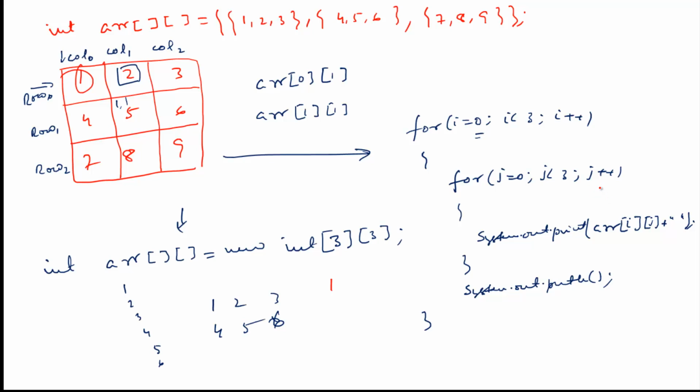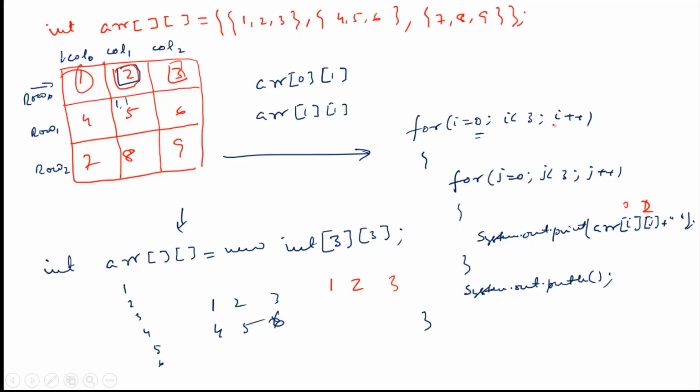So the next value of j will be 1, so the 0 1 value, it will print 2 here. Then i remains 0, j becomes 2, so this value 3 will be printed. Then it will come out and move to the next line.